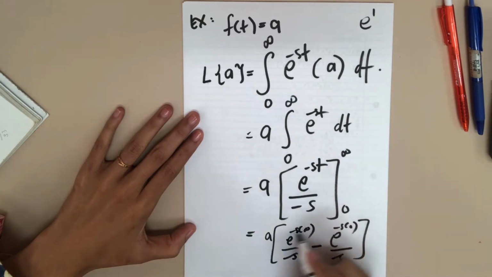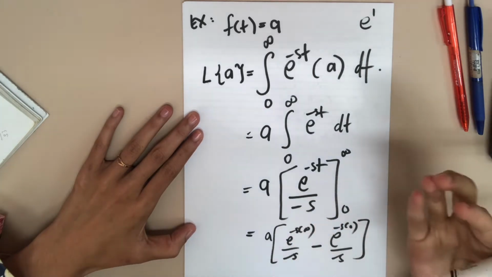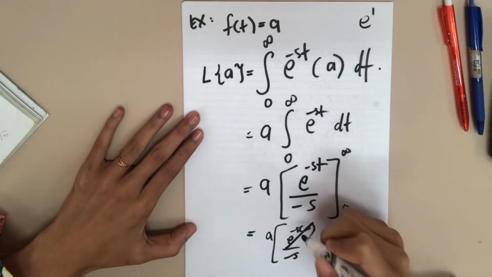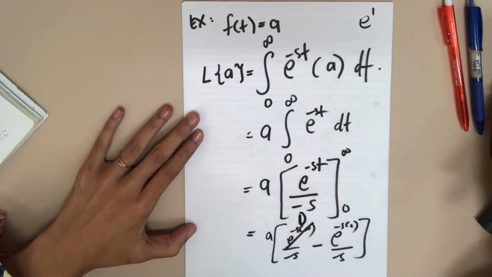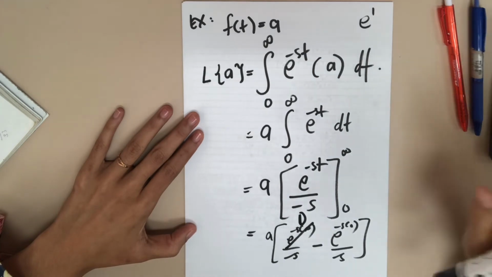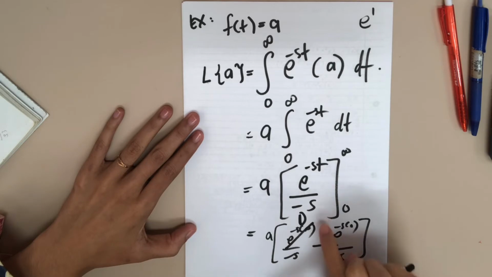So we just assume that this is all infinity. So exponential to the power of a big number, or power of infinity, we will get 0. Okay, I repeat, exponential to the power of infinity, a big number, will give 0.